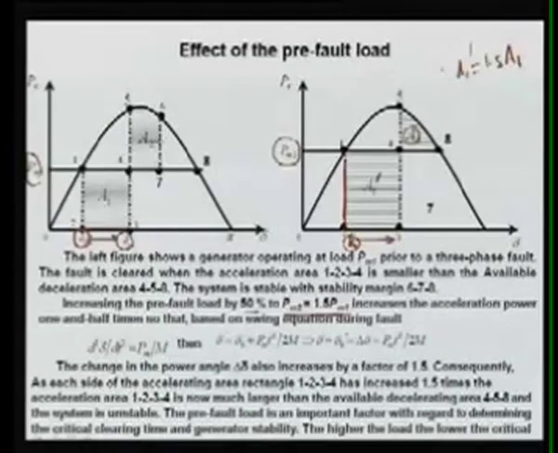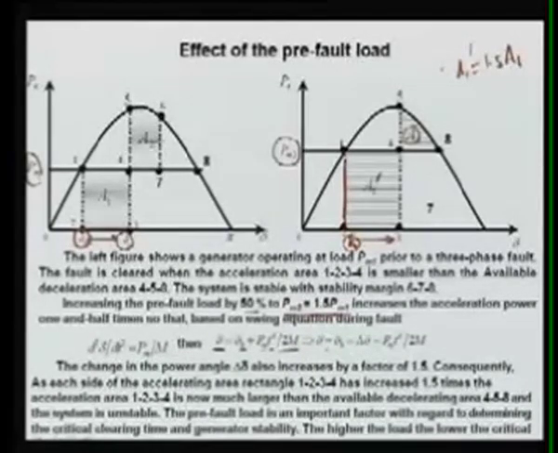Based on the swing curve equation during the fault, d squared delta upon dt squared equals Pm upon M. Integrating, we can write delta equals delta naught plus Pm t squared upon 2M, where M is written in terms of angular momentum.